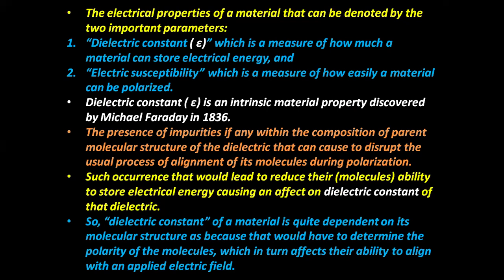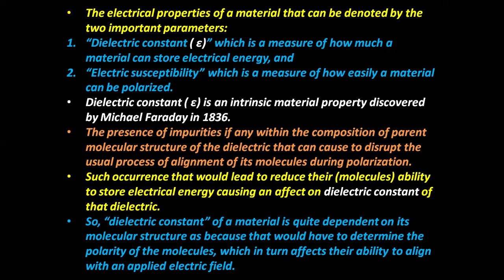Now, the dielectric constant epsilon is an intrinsic material property discovered by Michael Faraday in 1836. The presence of impurities, if any, within the composition of the parent molecular structure of the dielectric can disrupt the usual process of alignment of its molecules during polarization.